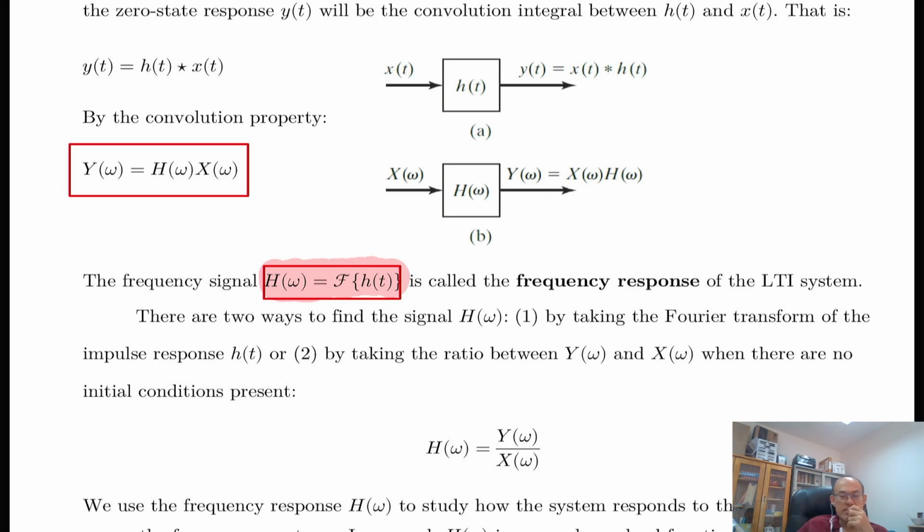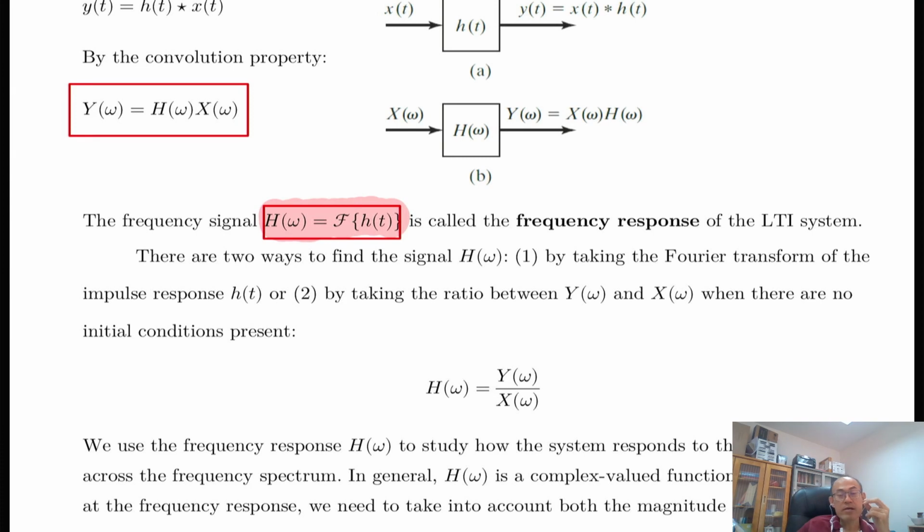So there are two ways to determine the frequency response of an LTI system, a linear time invariant system. Either you find the Fourier transform of its impulse response, or you use this equation. If you know the output as well as the input, then you will be able to find the frequency response using this equation.